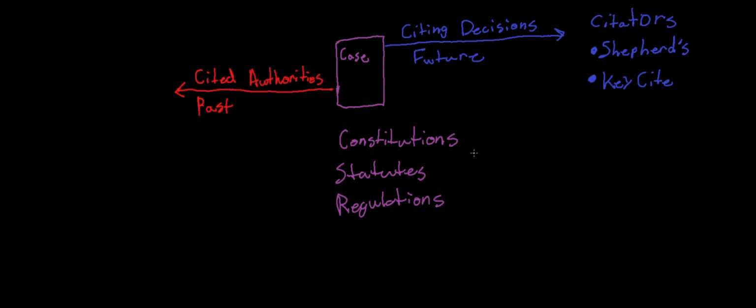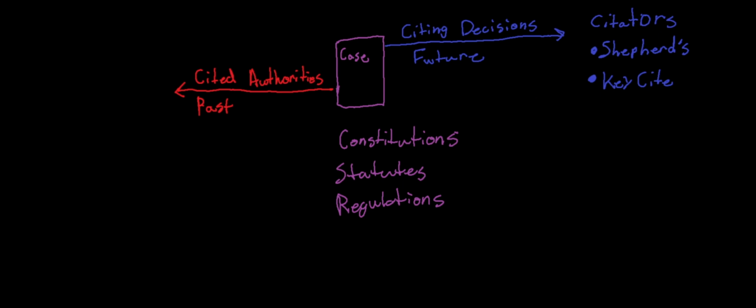So you can use a citator to look up cases that have cited a particular constitutional provision or a particular section of a statute or a particular regulation. And that will lead you to a list of cases that have cited whatever primary source of law that you're looking at.